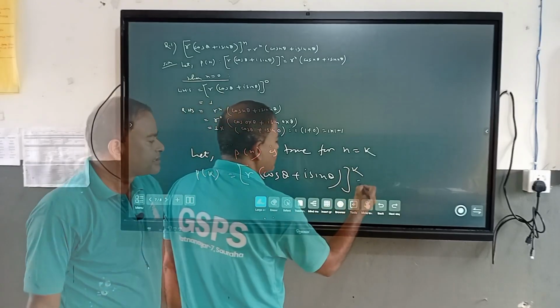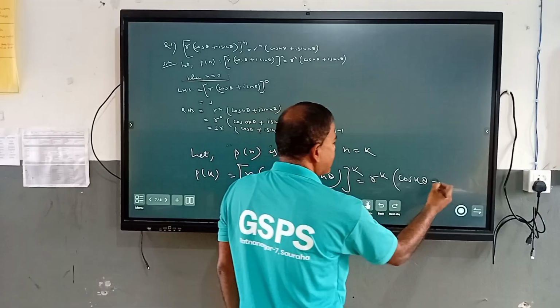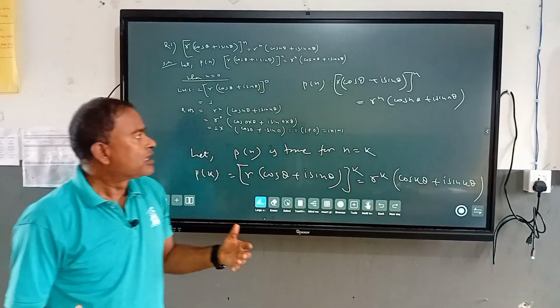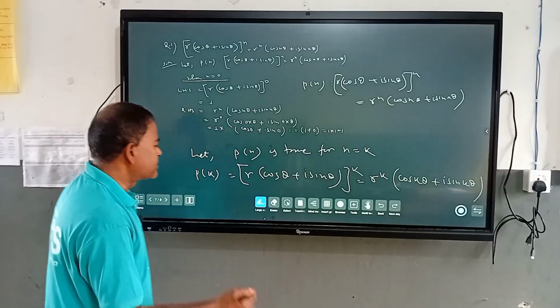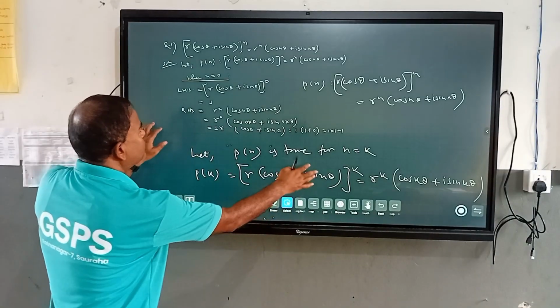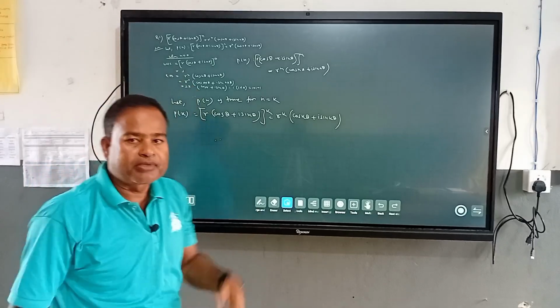So this is LHS, which equals r^k (cos k theta + i sin k theta). Now we shall show that this theorem is true for n equals k plus 1.